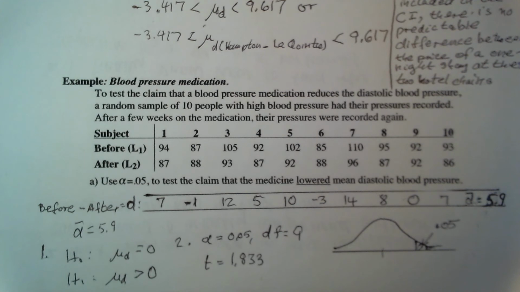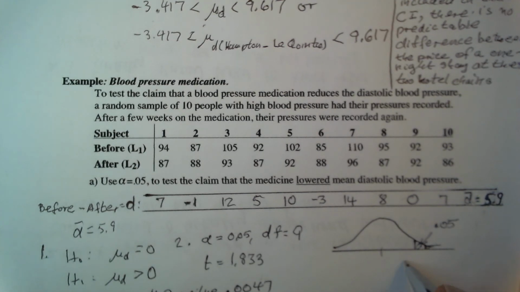And the p-value, number 4, the p-value is equal to 0.0047. So 3.293 with a critical value of 1.833 here tells us we are way into the rejection region. So this value is in the rejection region.